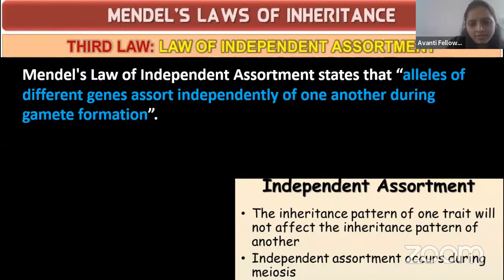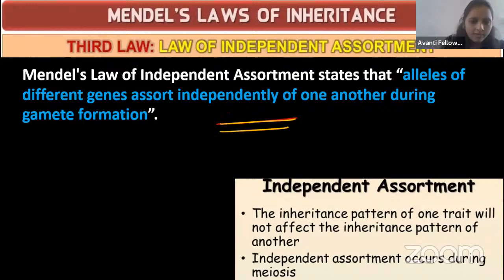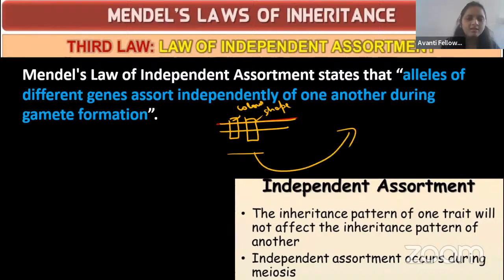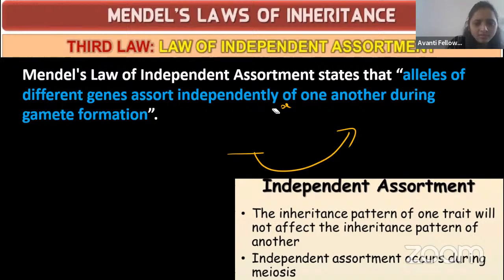For example, here the gene which is responsible for the color and the gene which is responsible for the shape, both are together. Both are together means what will happen? They will be independent. Sorry, I am telling together, that is in the linked genes. Okay, one minute. So they are not together.